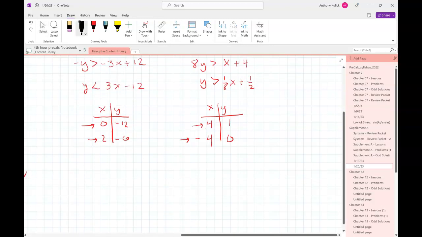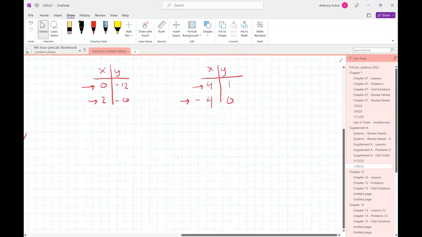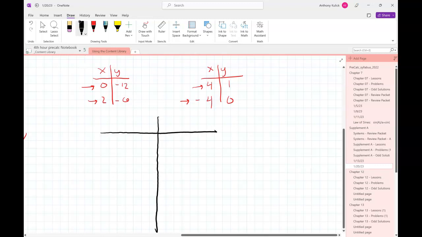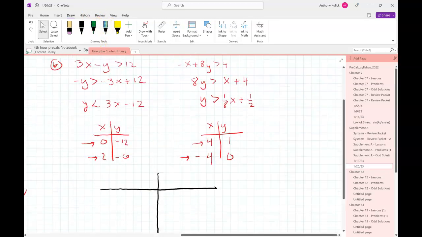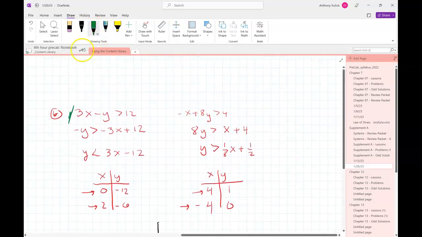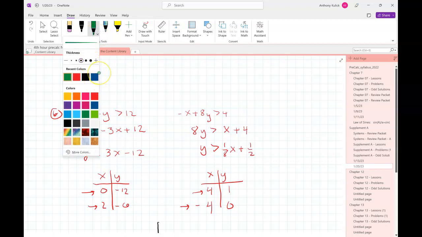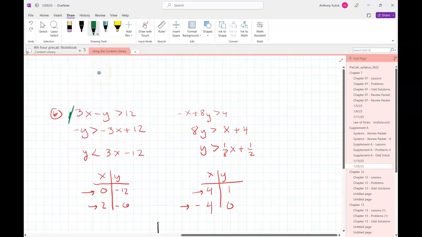All right, let's see here now. I've got a lot of vertical here to deal with. We'll do green for this first one, and then blue for this second one.